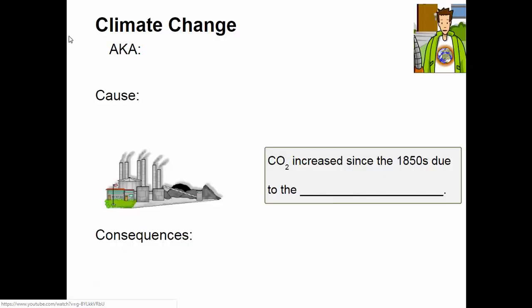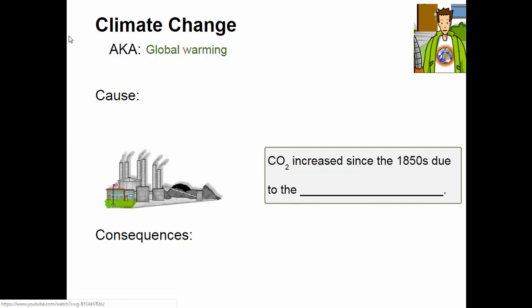All right, and our final environmental issue to talk about is extremely important, and that's climate change. So climate change is the most important environmental issue facing society today. Sometimes it's also called global warming, although climate change is probably a better term for it.